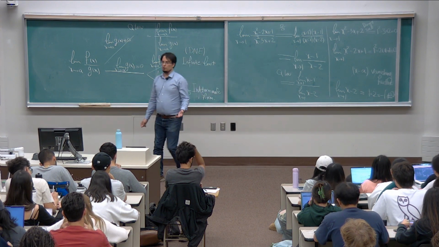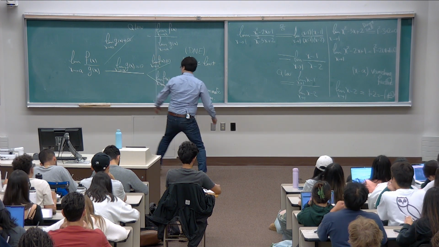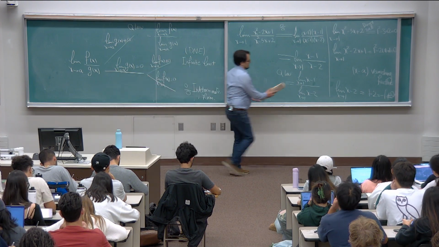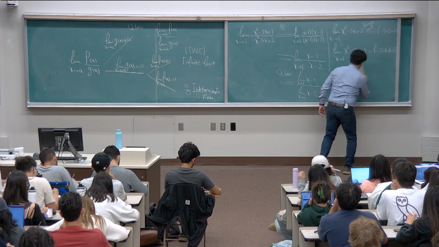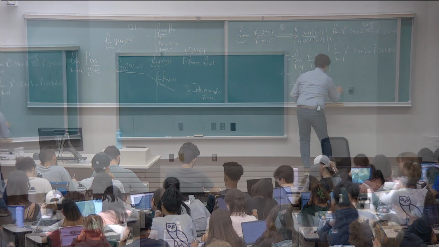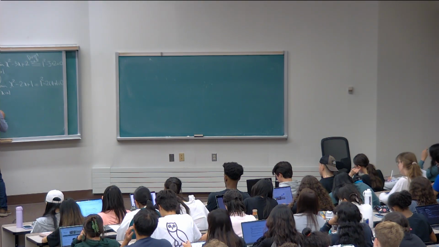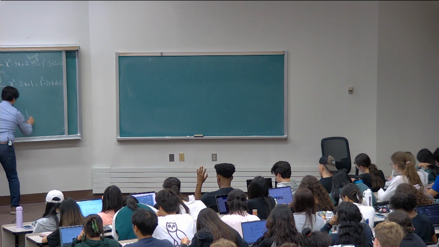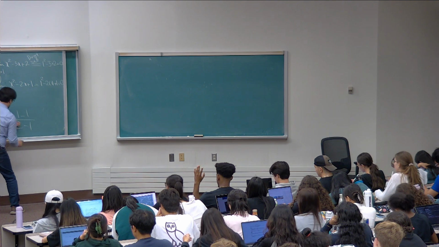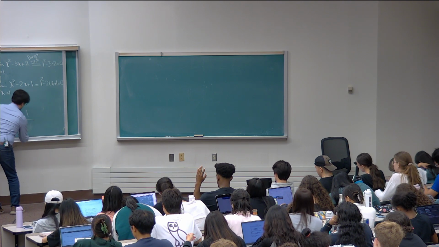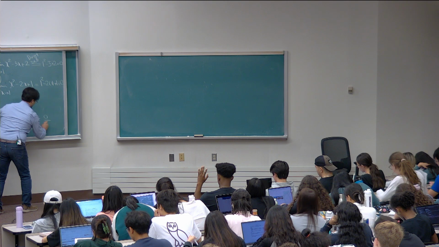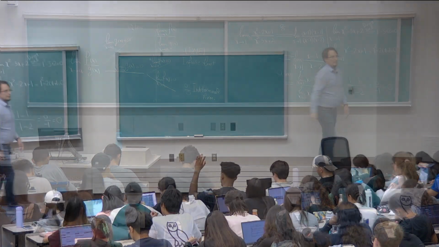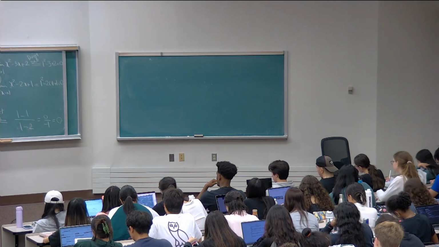And these are just polynomials. This is direct substitution again. I get 1 minus 1 over 1 minus 2, and this is 0 over negative 1. That is 0.